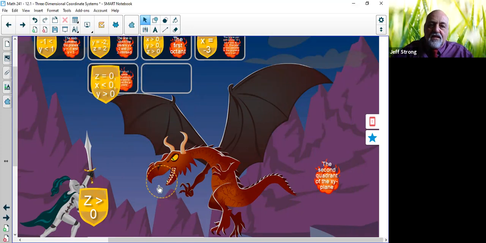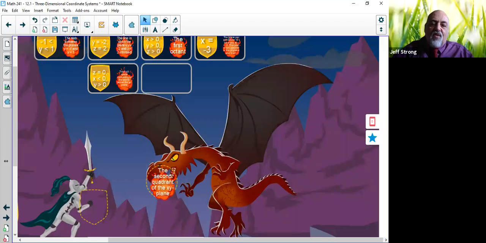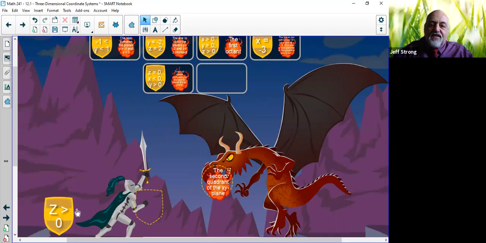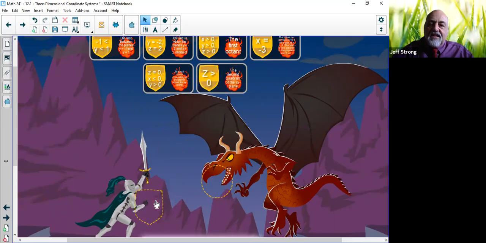Oh, it's not going to let me switch those around. Okay, we're probably going to get fried on those last two. Because the second quadrant, that's going to be where z is positive. Well, the z is where x is negative, y is positive, 0, 0.